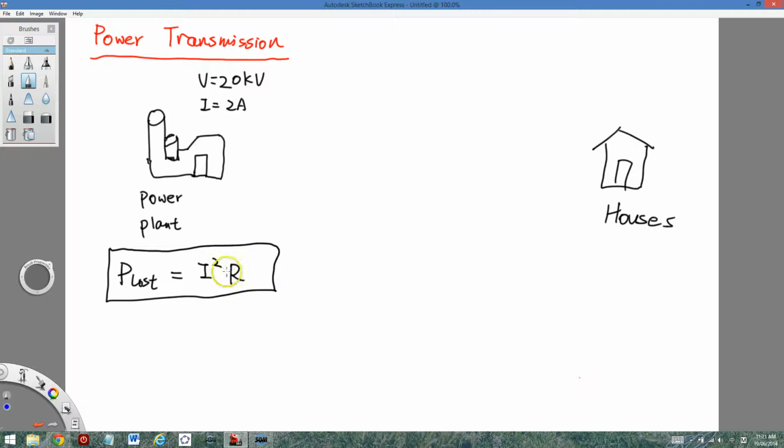So if the resistance is constant, the relationship between power lost and the current will be like this. As the current is higher, there will be more power lost, because the power lost really depends on the current, since resistance is fixed.